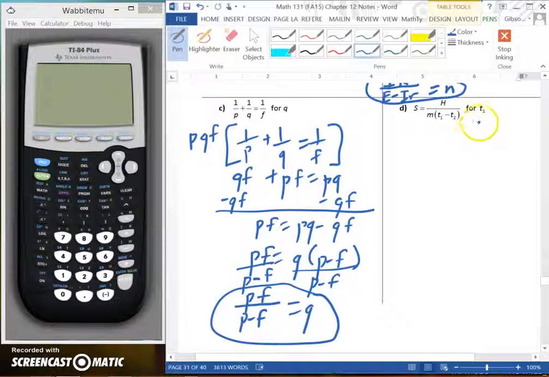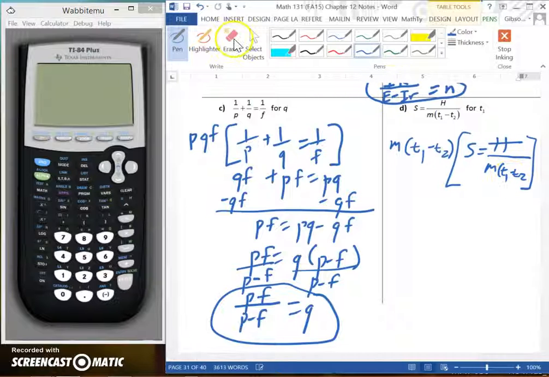Now we come here to D. We want to get T sub 1 by itself. So the first thing we need to do is just multiply everything by this denominator here. So it'll be M times T sub 1 minus T sub 2. And we'll multiply all of this by that.